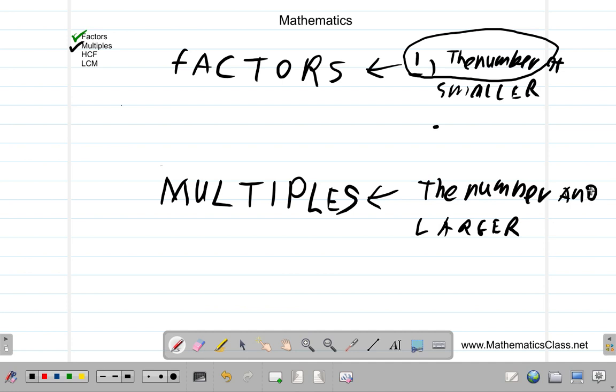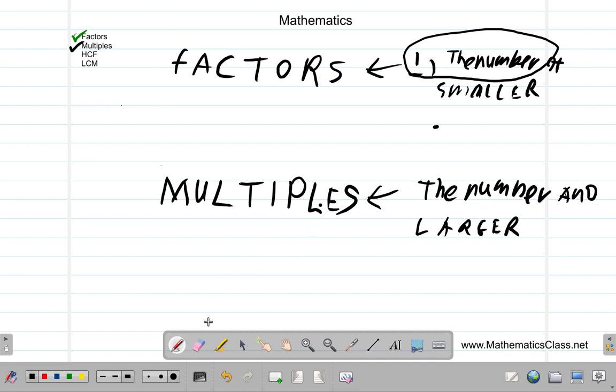Because with every whole number, you can always find a bigger number that it can divide into. So the numbers are larger. So generally, factors smaller, multiples larger. Factors smaller, multiples larger. Alright.